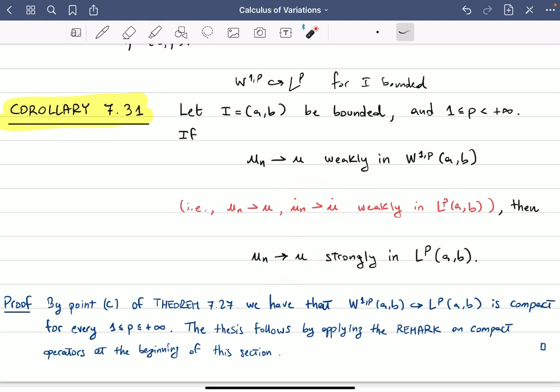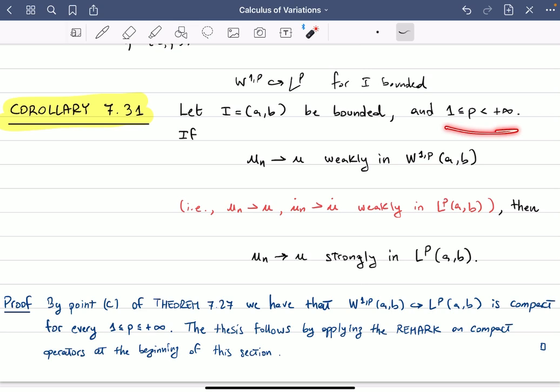And to prove this one is immediate, because this is just from point C of theorem 7.27. We know that this embedding is compact, actually for every P larger or equal than 1 and less or equal than plus infinity. Why didn't I put plus infinity here?